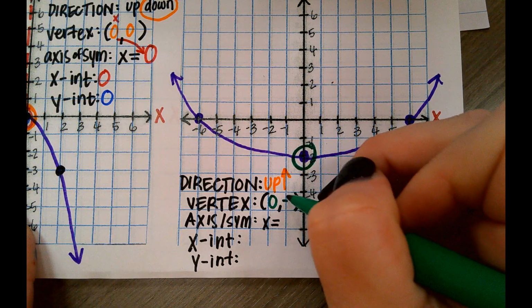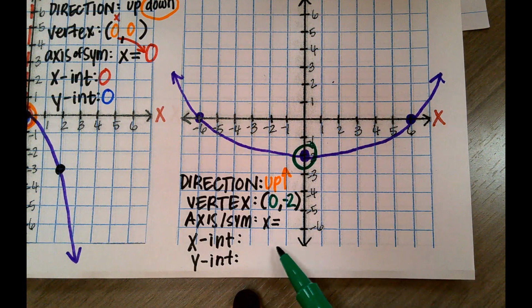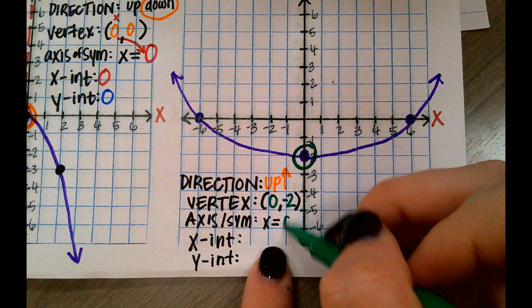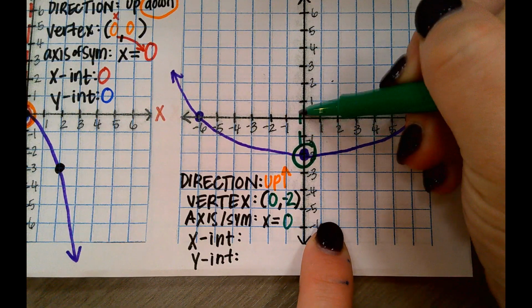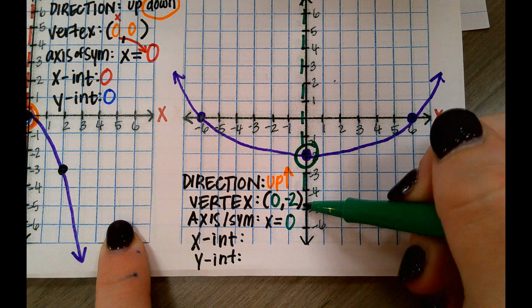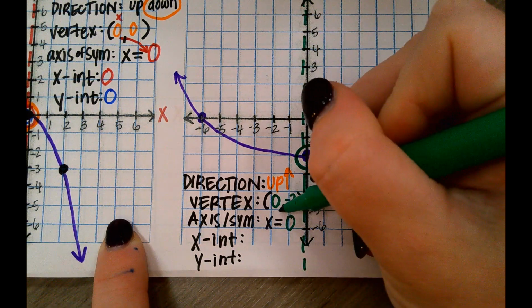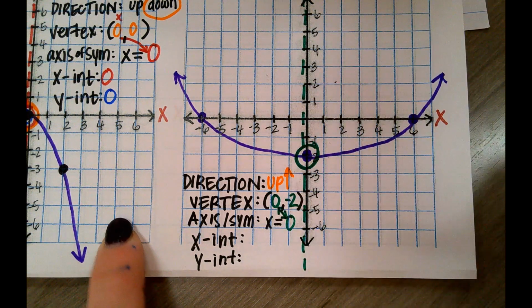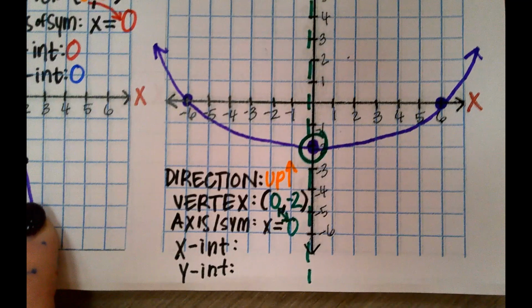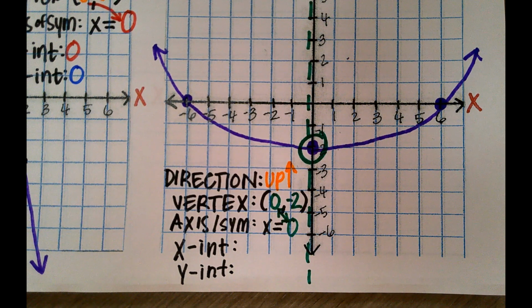Now, remember the trick for the axis of symmetry. X equals 0. It's the same as the x of the vertex. Those should always be the same number. Always, always, always.